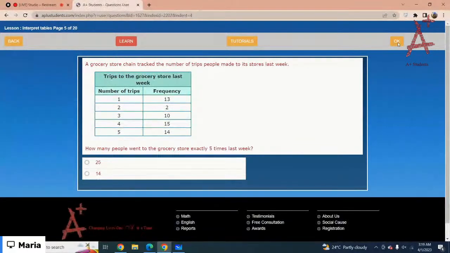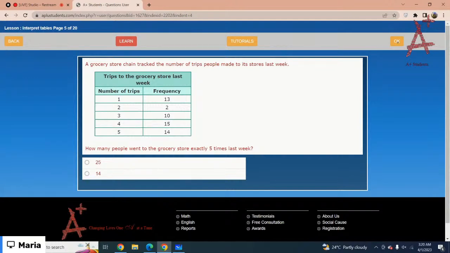Okay, the next one is a grocery store chain tracked the number of trips people made to its stores last week. So trips to the grocery store last week, and here the number of trips and frequency are given. How many people went to this grocery store exactly 5 times last week? Here you can see the number of trips 5. The frequency is 14.